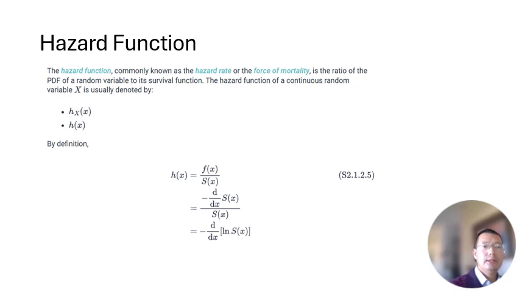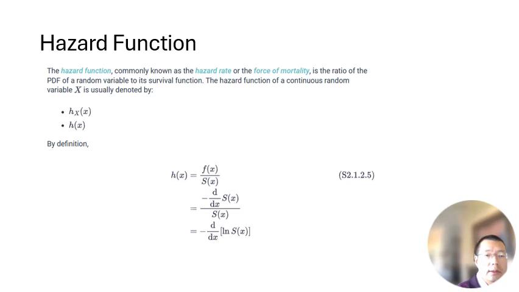The next function that we can derive from the functions we just learned is the hazard function. The hazard function, commonly known as the hazard rate or the force of mortality, is the ratio of the PDF of a random variable to its survival function. This only applies to continuous random variables here.